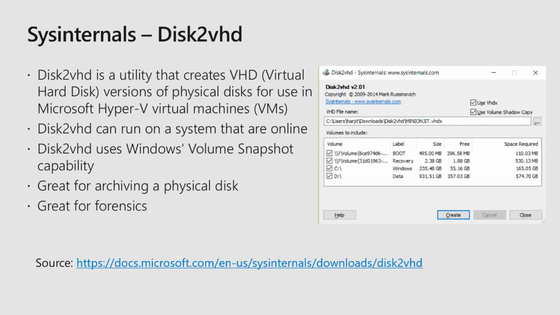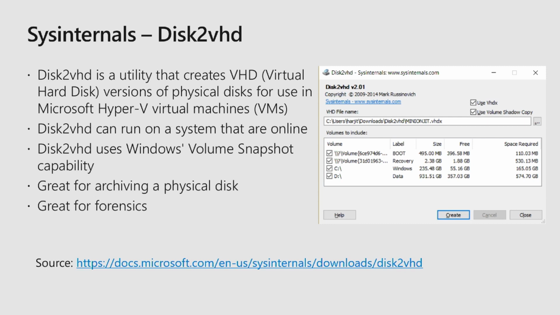I brought up Disk2vhd because a friend of mine who's sitting right up front just recently used this in his organization. On the first day of school, one of their big monitor systems crashed. They had to get things up and running because the students were back.